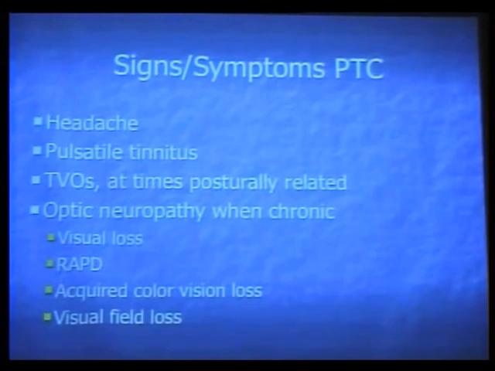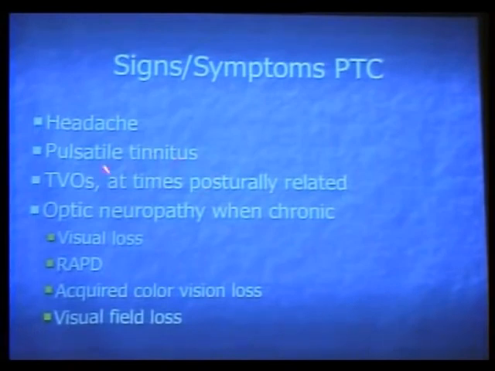Now, what are the signs and symptoms of pseudotumor cerebri? Headache is usually, but not invariably, present, and I have been impressed at how some people just have no headaches, and very few of the people that I see have terrible, terrible headaches. The people that I've seen that have the worst headaches are the young kids who are on minocycline, and I think it's because they develop a more rapid rise in their intracranial pressure.